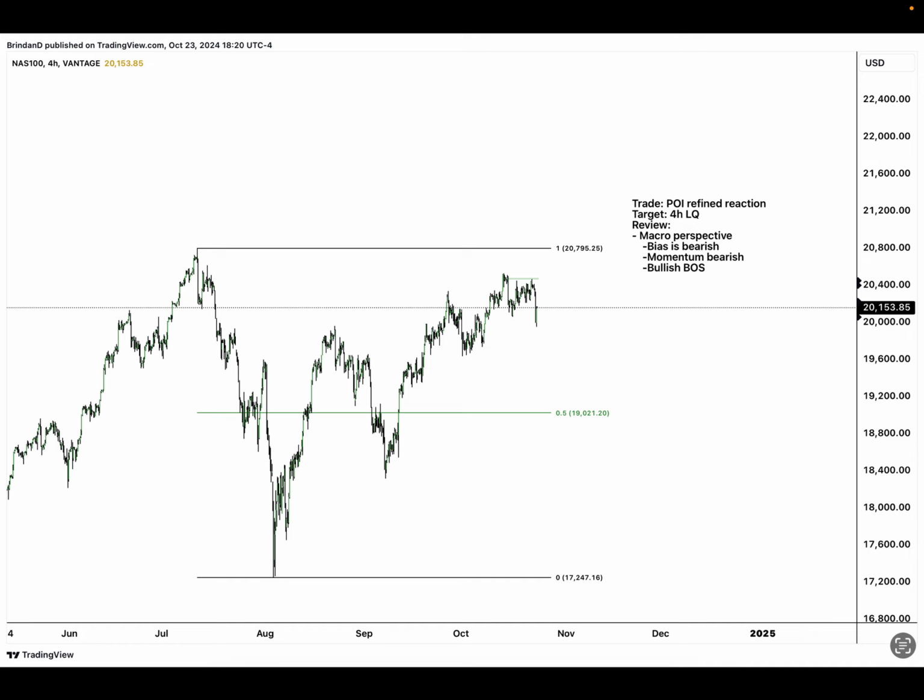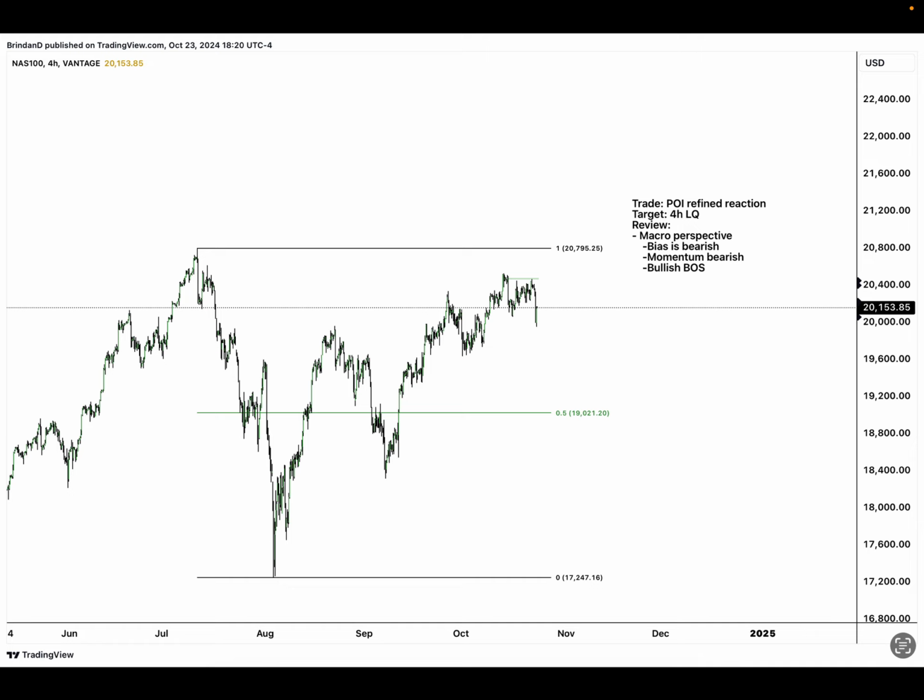It's very, very slow momentum bullish. As I was seeing price move into the premium, I wanted to identify selling opportunities. Now, understanding that yes, the NASDAQ, the Dow, and the S&P 500 are bullish long term, currently this is what I'm seeing from the macro perspective.